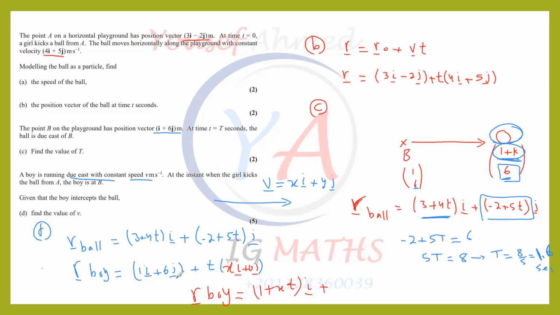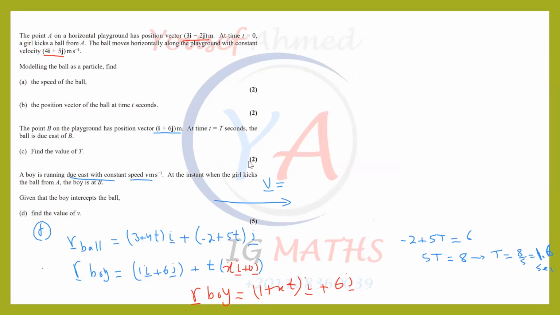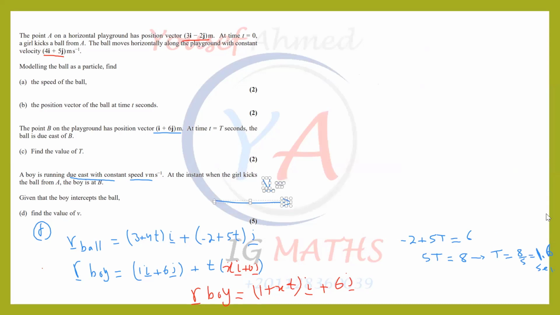So this is 6j, because he's moving due east. So let's continue. Now we can work on this part. Once it's mentioned it intercepts, so both of them meet, or the boy touches the ball, so they are at the same point now.